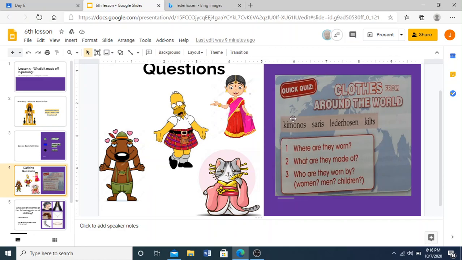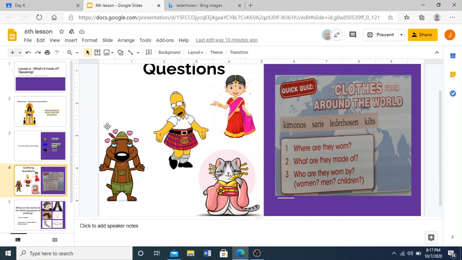Okay, so let me give you the feedback for that one. Picture one shows the Lederhosen, and I will talk about that in a minute. Picture four shows the kimono. Remember, it originates from Japan.